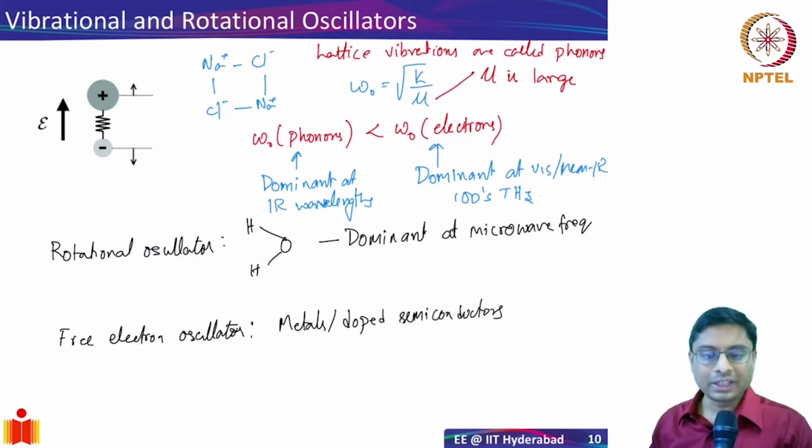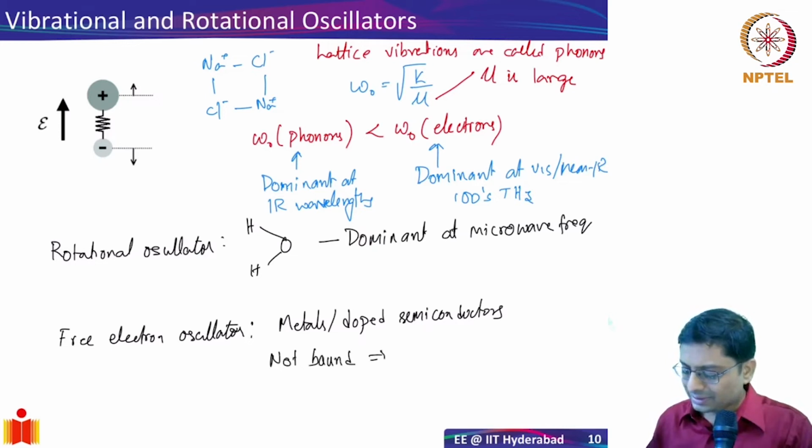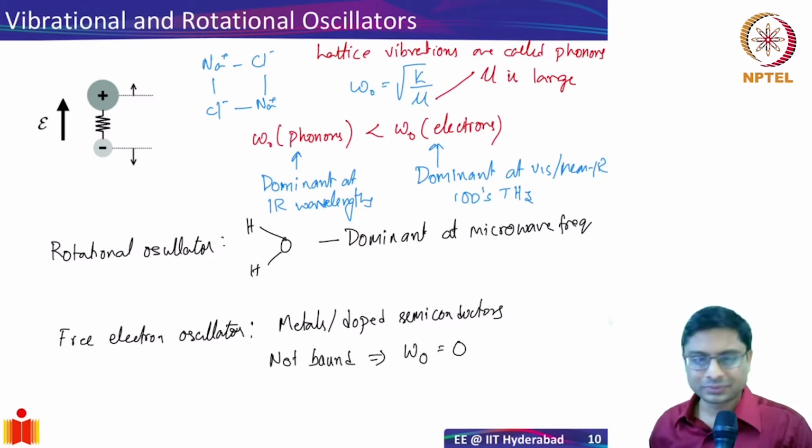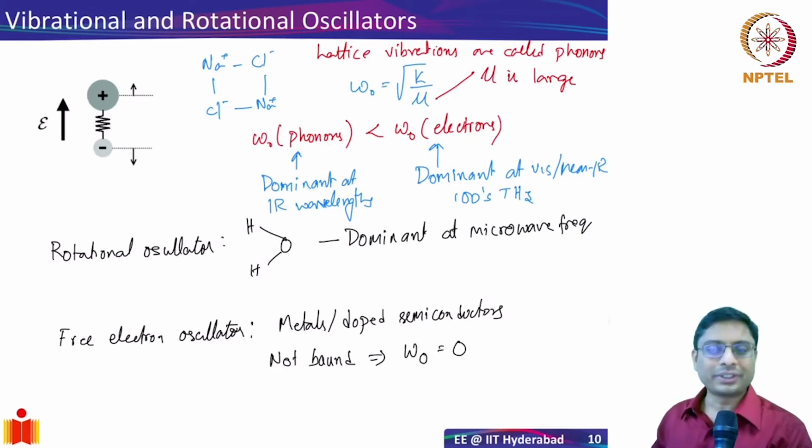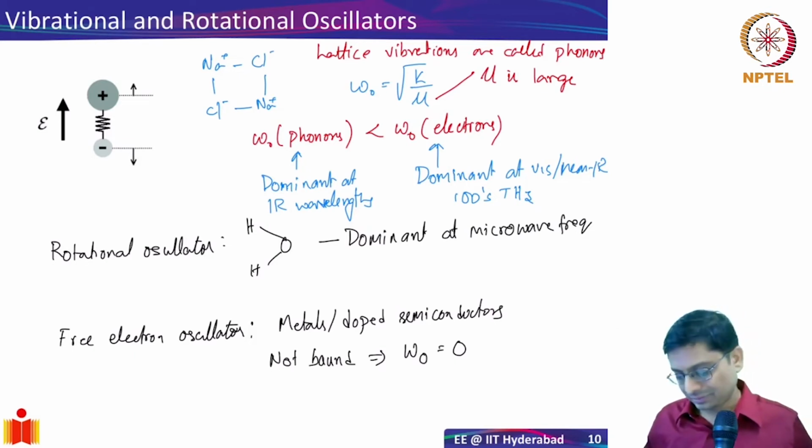These have a free electron response. Essentially, what we are saying is these electrons are not bound, and so that implies that omega naught equals 0. There is no spring constant. There is no attractive force. There is no restoring force. That's why omega naught is 0. So that's how you can describe the metals.